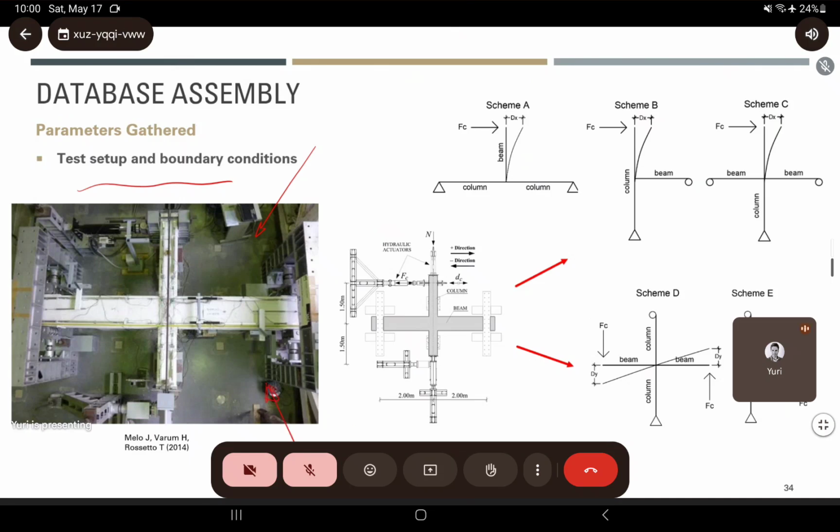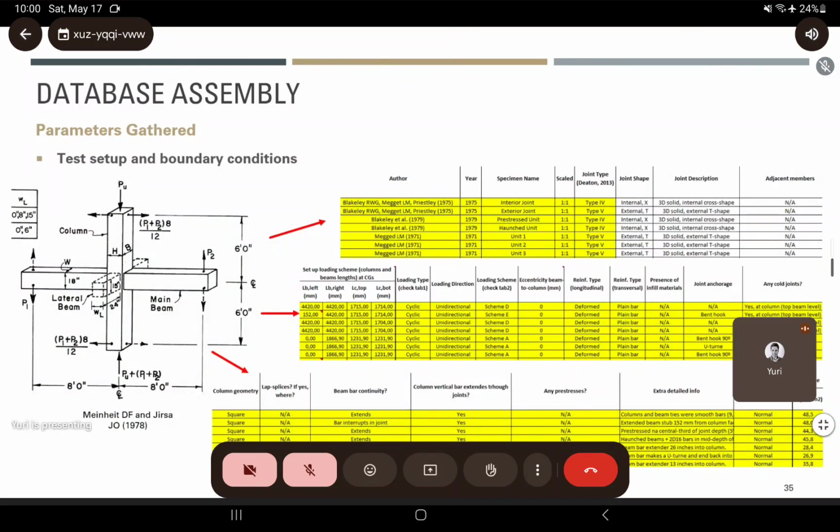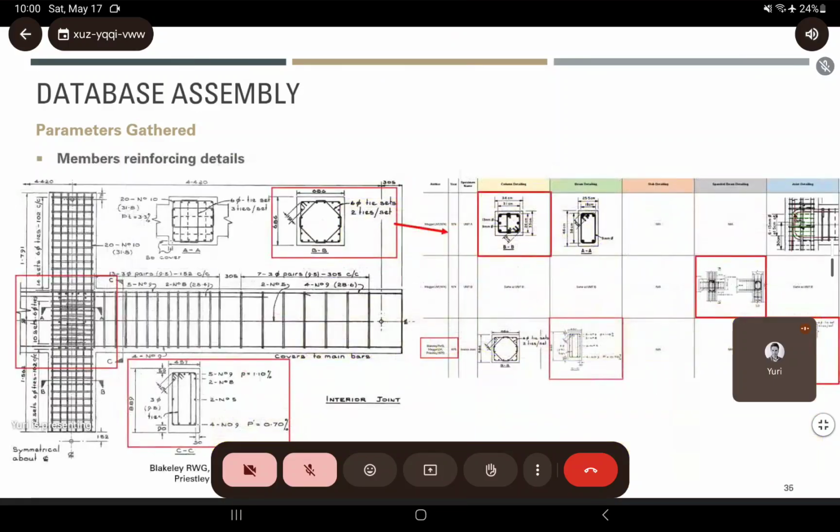So we see the scheme of the testing setup, the sizes of the equipment, the scale of it, when it was designed, and other characteristics such as the type of reinforcement, loading conditions, eccentricities, presence of infills, the type of joint anchorage, presence of cold joints, type of slabs, types of columns, vertical joints. Anyways, there are many variables that we're collecting.